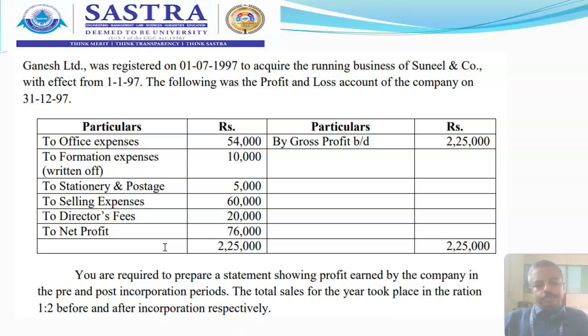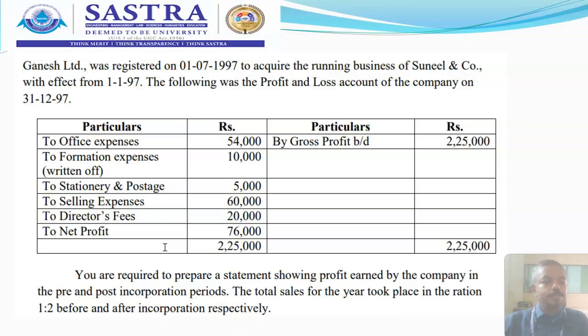Now, gross profit has the nature of sales, because gross profit is an outcome of the trading account. The trading account is prepared purely based on direct income and direct expenses.